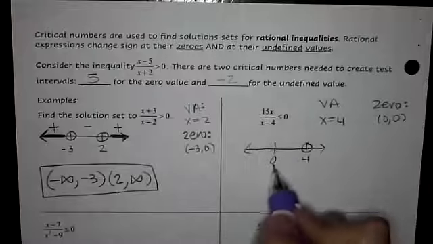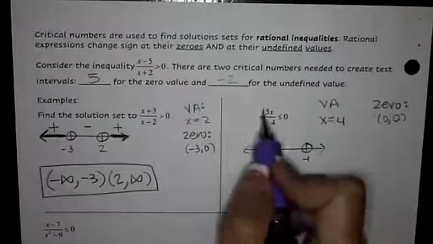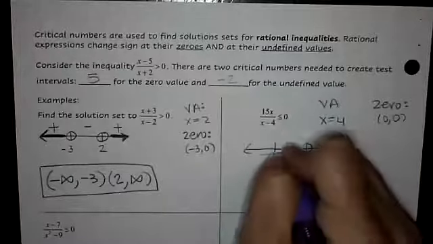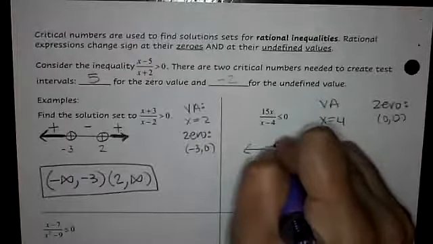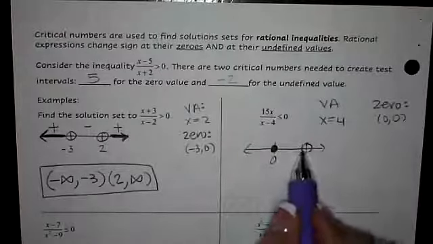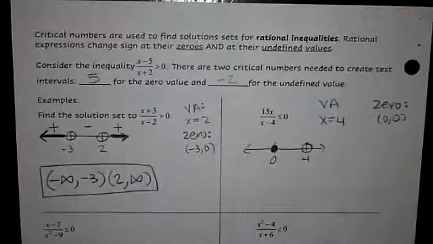Now at 0, that's when this left side is equal to 0. And this does have an equal sign, so we would want a closed circle at 0. So this one is closed, this one's open because this is undefined at that point.